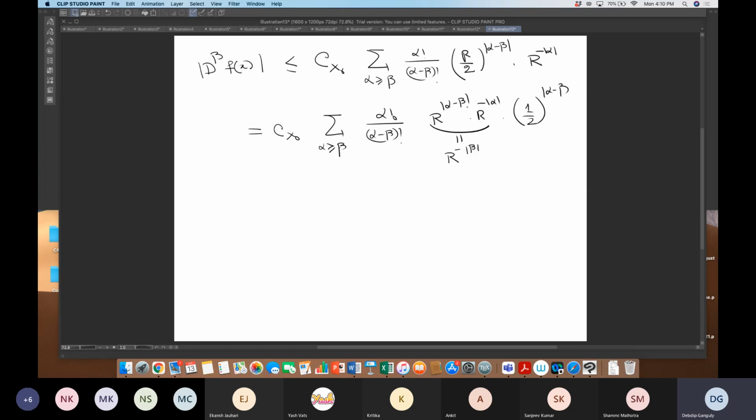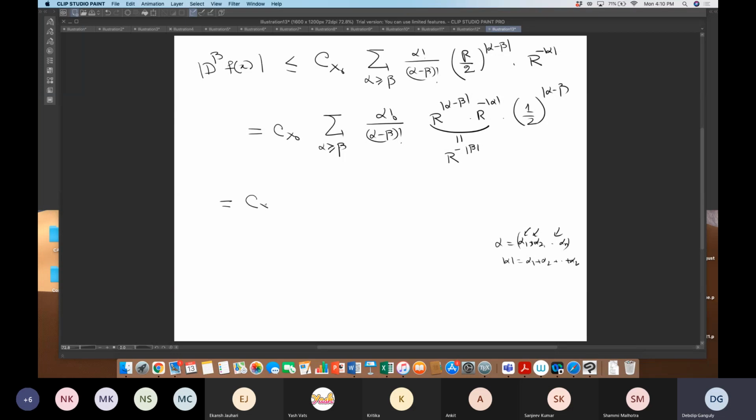Because this is alpha, you know, this mod is not that mod. Mod alpha is, let's say, alpha equals alpha 1, alpha 2, up to alpha n, so mod alpha is nothing but alpha 1 plus alpha 2 plus and so on, just a coordinate-wise summation. So this is immediately equal to r to the power minus mod beta. You can check with any alpha, beta.